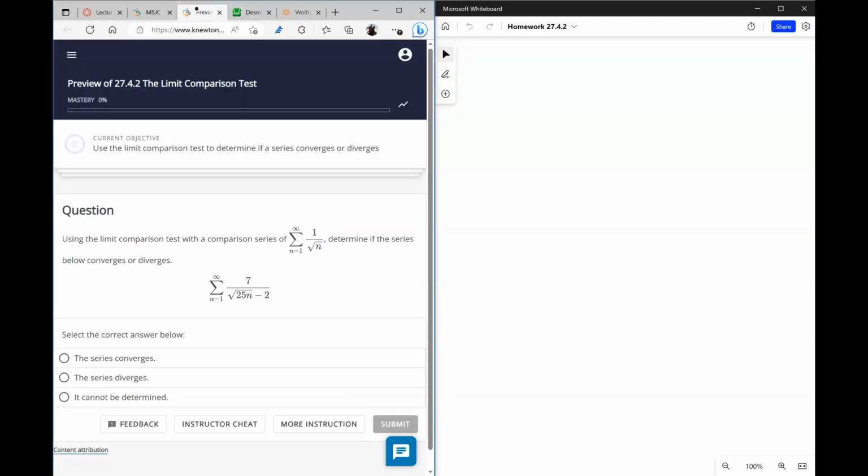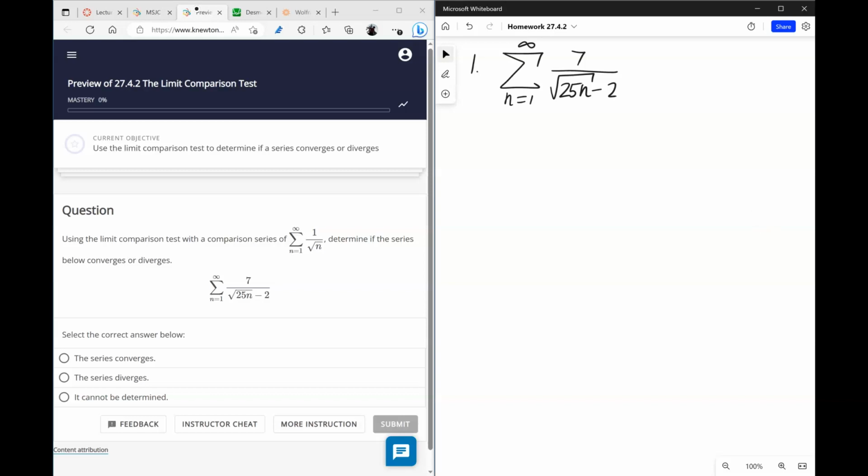The first question is to analyze the convergence of this series. Actually not this, this is what we're going to compare it with, but we're analyzing the convergence of this series.